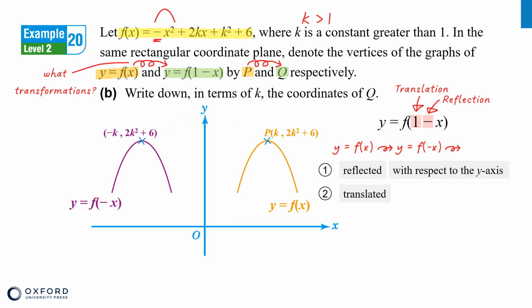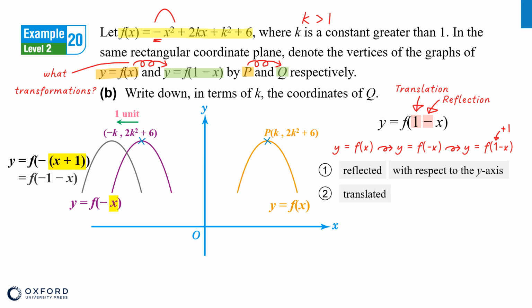Then transform y equal f of negative x to y equal f of 1 minus x. Plus 1 inside brackets. That means the graph is translated to the left by 1 unit. Is that right? If we do this, the graph is actually representing y equal f of negative bracket x plus 1 bracket.